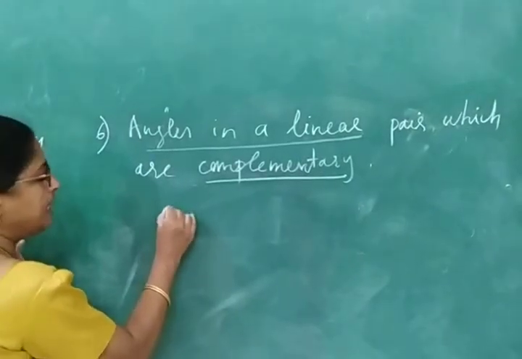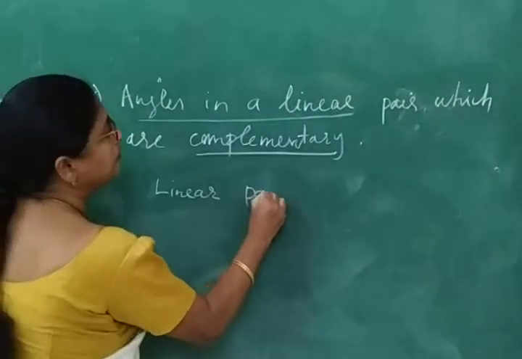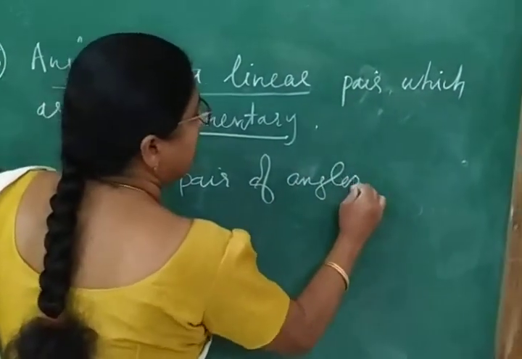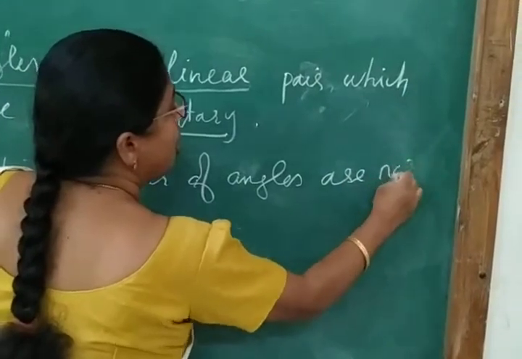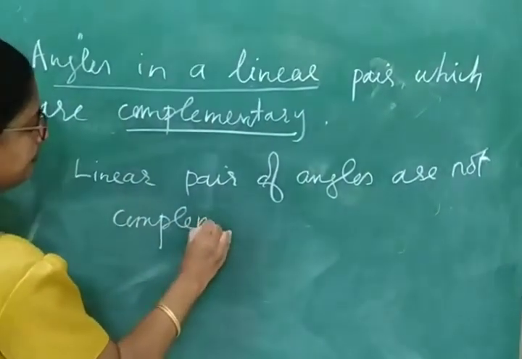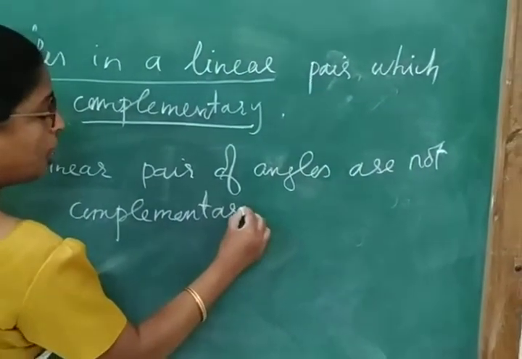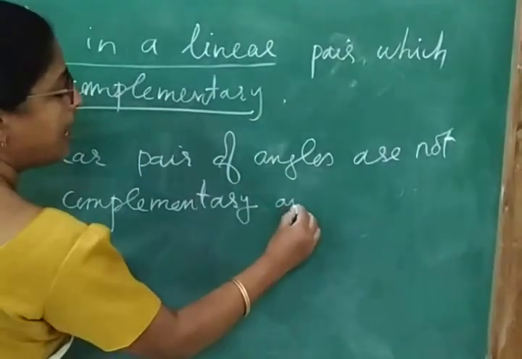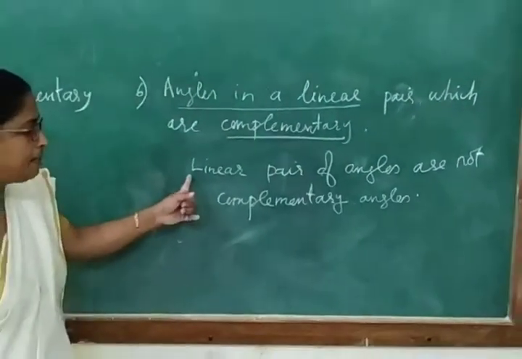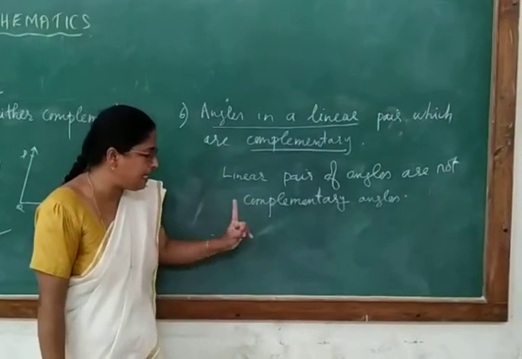A reason we can say linear pair of angles are not complementary. Linear pair of angles are not complementary angles because their sum, linear pair means the sum of the measures of the two angles should be 180 degree.